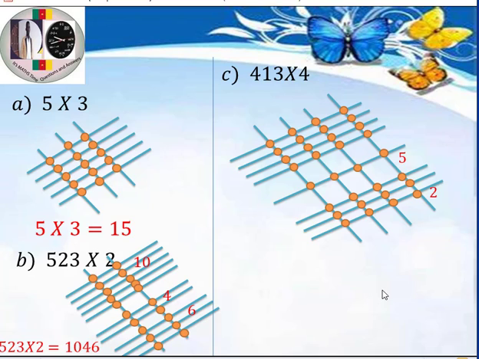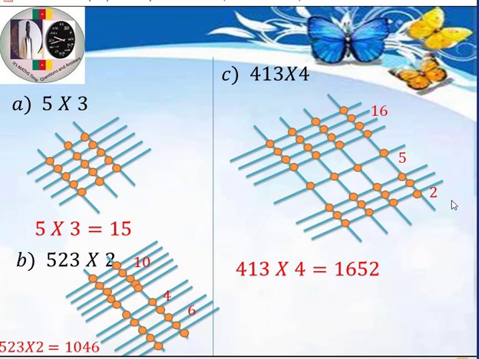We would have written 6 and carry 1, but there is no more intersection, so we'll write the 16 there. So 413 times 4 is going to give us 1652.